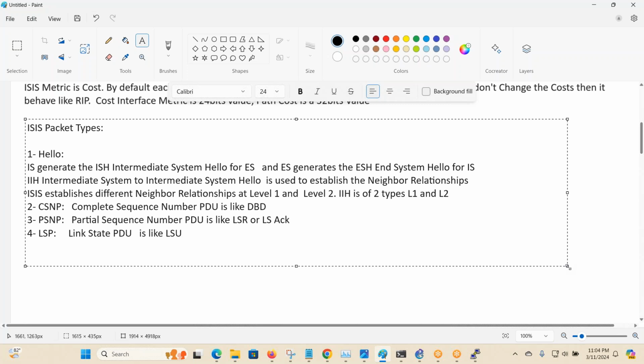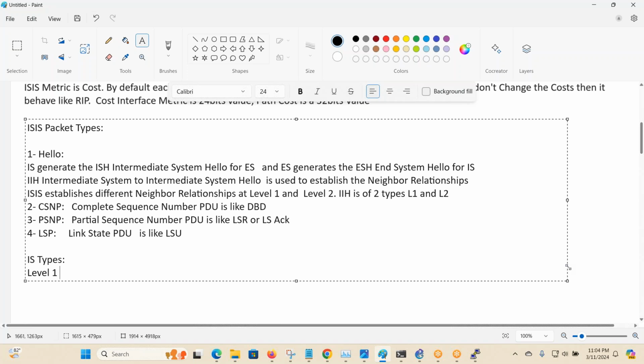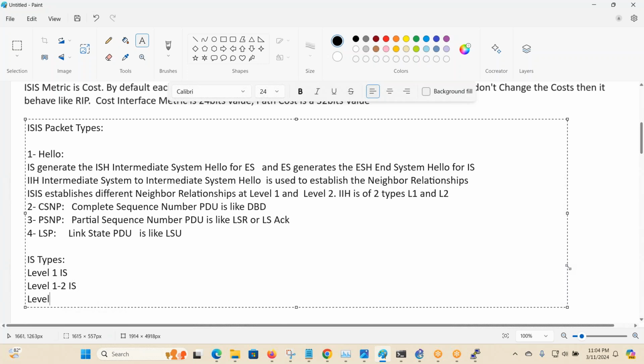In the same way, we have IS types. One is called level 1 IS. The second one is called level 1, 2 IS. The third one is level 2 IS or level 2 only IS. Level 1 IS involves only in intra-area routing.